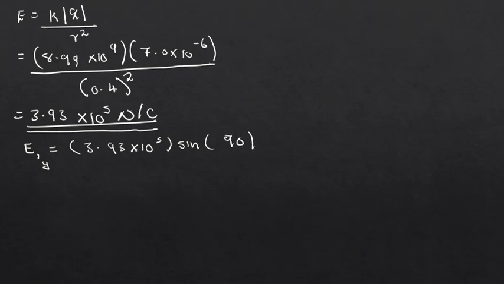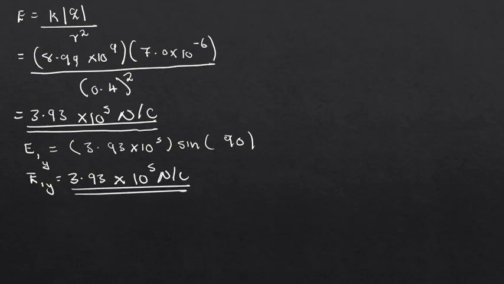So if we calculate that, E1y is going to equal 3.93 multiplied by 10 to the power 5 newton per coulomb. And this makes sense because sine of 90 is 1.